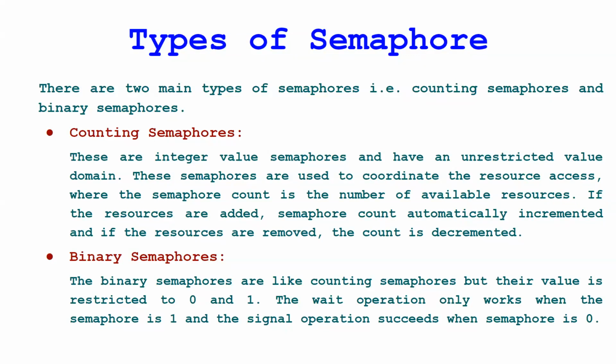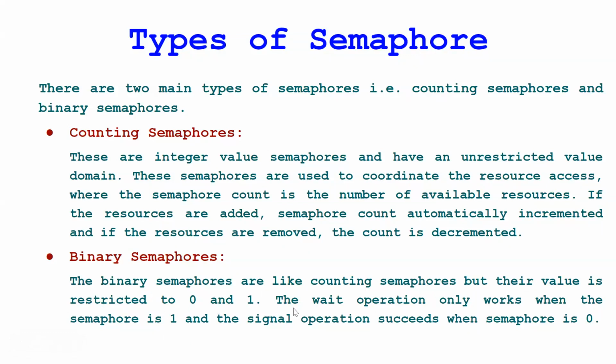So don't worry. Here only understand that a counting semaphore does not have any boundary for the values assigned to that variable. But in a binary semaphore, there is a boundary, because only 0 and 1 are the values we can consider for the variable s. So binary semaphores are like counting semaphores, but their value is restricted to 0 and 1, right?